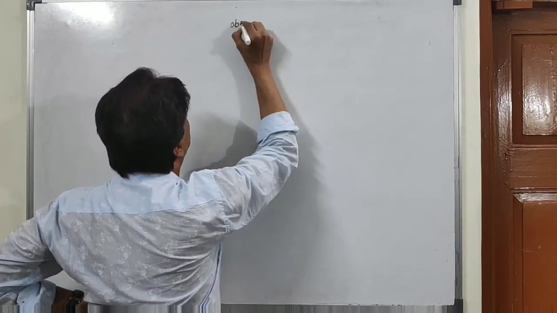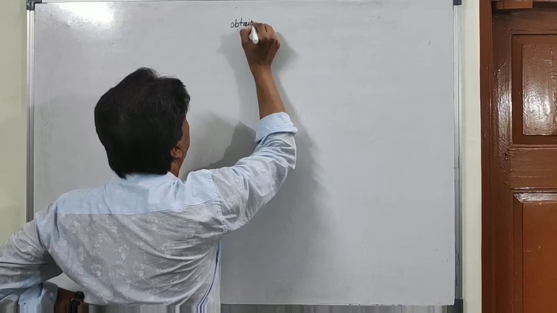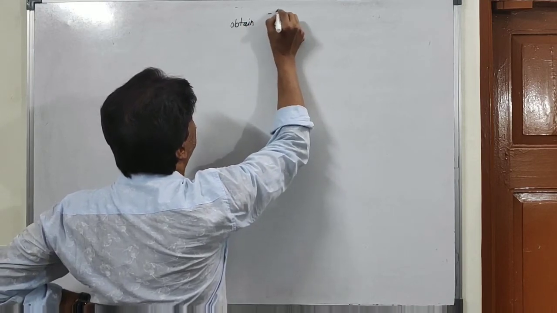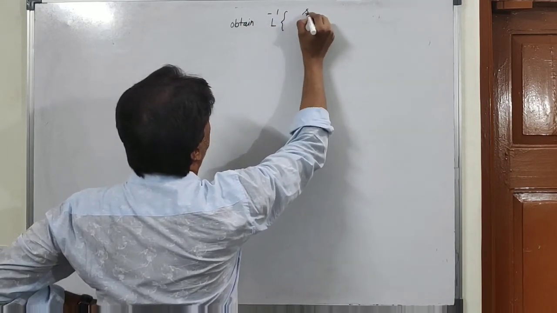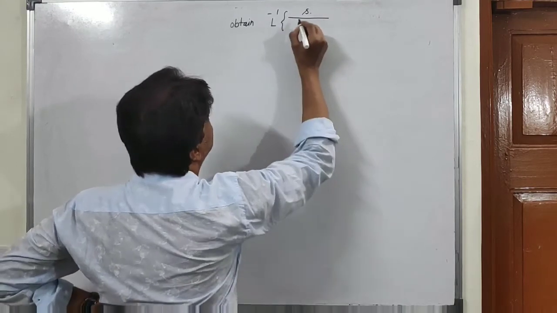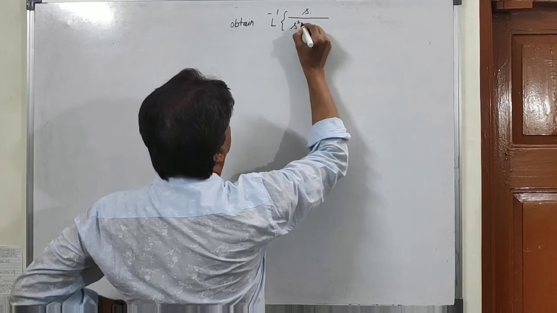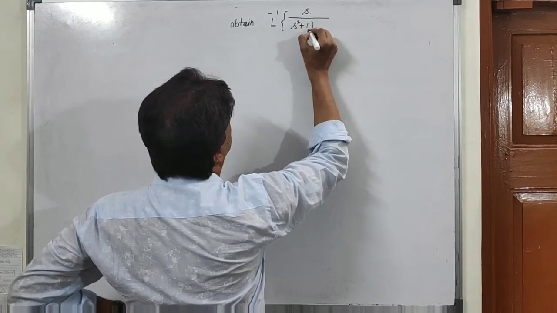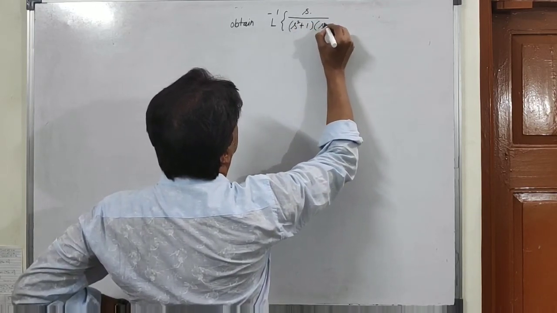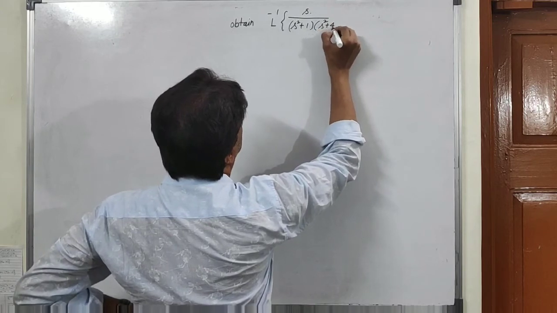Obtain L inverse of s upon s square plus 1 into s square plus 4.